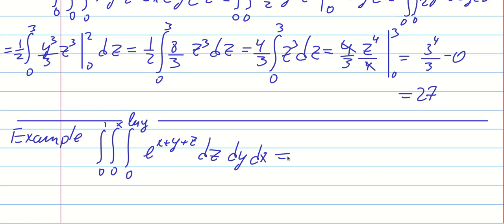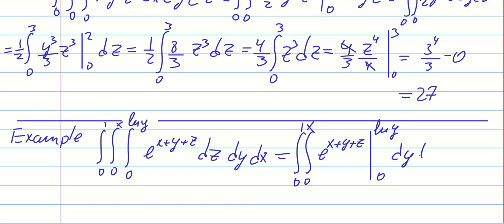Alright, so let's try to do that. So we're going to get two integrals left, from 0 to 1, from 0 to x, and we integrate the e function, so it's just going to be e itself, so it's e to the x plus y plus z evaluated from 0 to ln of y, and we have dy dx left.